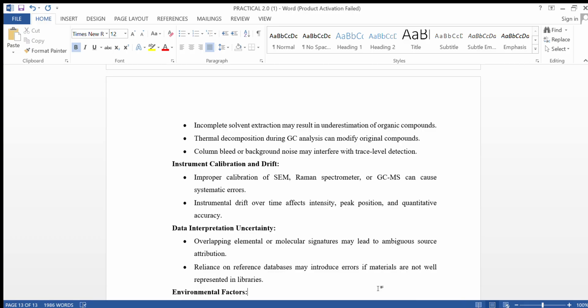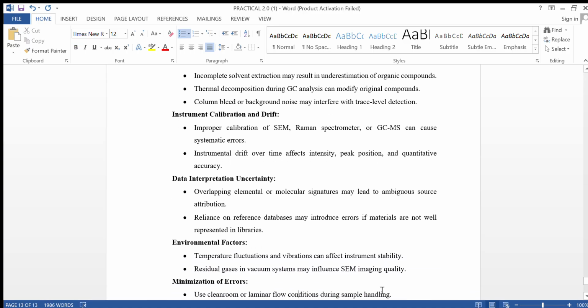Improper calibration of SEM, Raman spectrometer, or GCMS can cause systematic error. Instrumental drift over time affects intensity, peak positioning, and quantitative accuracy.